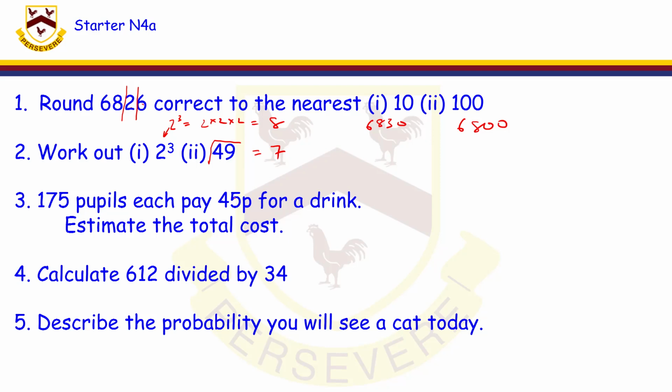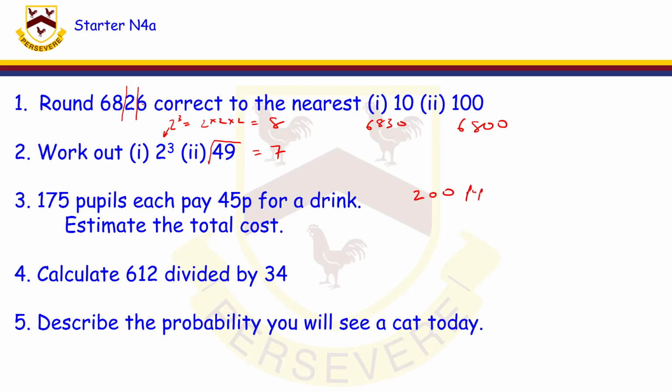175 pupils each pay 45 pence for a drink. Estimated total cost. Now we like to use one significant figure, so I'm going to round my 175 pupils to 200 and my 45p to 50 pence.